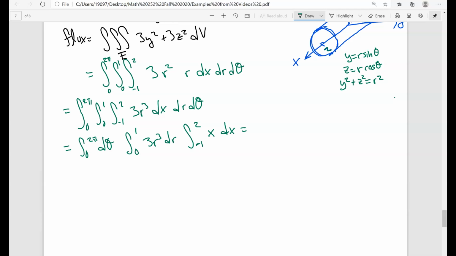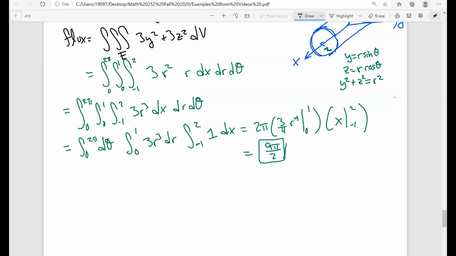Now all I have to do is plug everything in. The first one gives me 2 pi. The other one is going to give me 3/4 r to the 4th from 0 to 1. And the other one is going to give me x. Oh, there should not be an x in there, it should just be a 1. So you're just going to get x from -1 to 2. When you put all that together, you get 9 pi over 2 as my total flux.